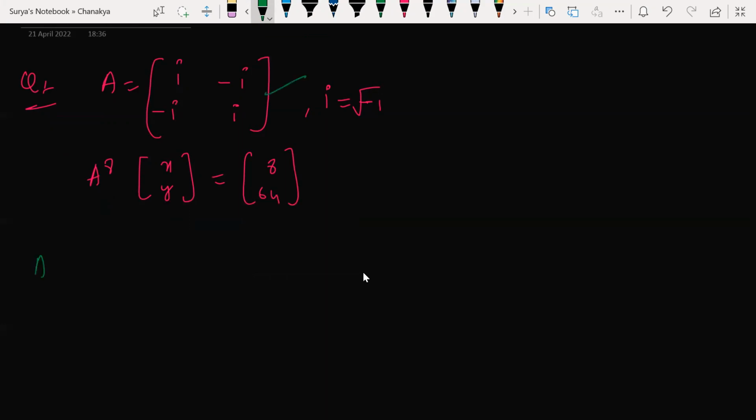What is A square going to be? A square is nothing but the matrix multiplied by itself. What is the A square value you got?